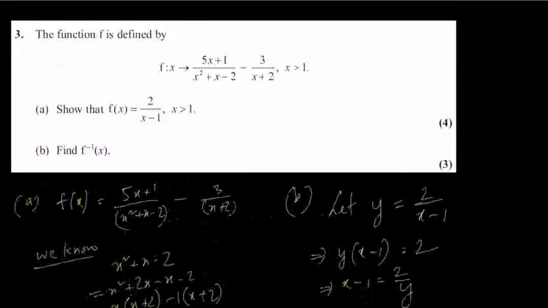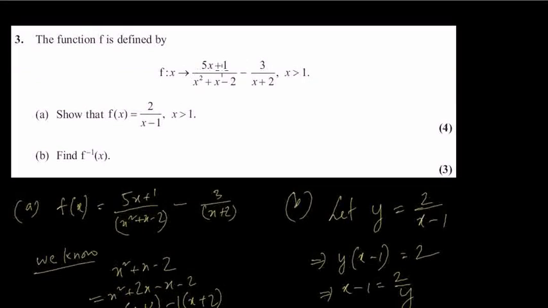Now in this question you have to solve the equation fg(x). f(g(x)) means g(x) inside of this. Same thing, f(g(x)) means g(x) inside of f(x). So let's find this expression first. So what is the expression of f(x)? f(x) is this one.